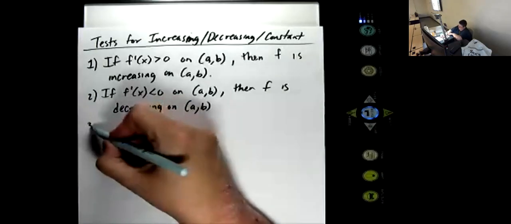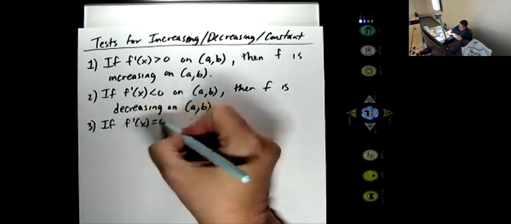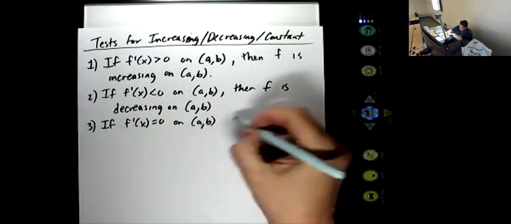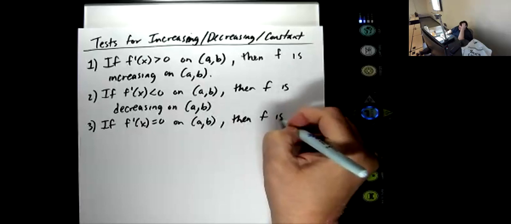And finally, if f prime of x equals 0 on an interval AB, then f is constant on that interval.